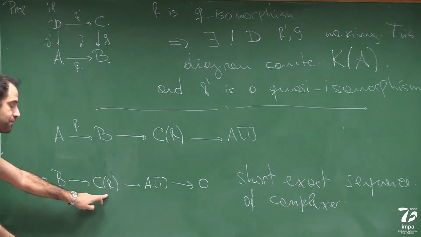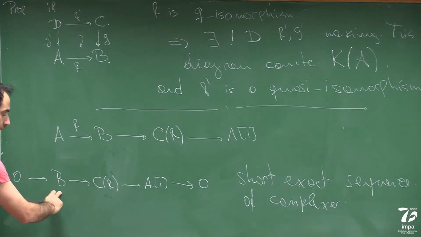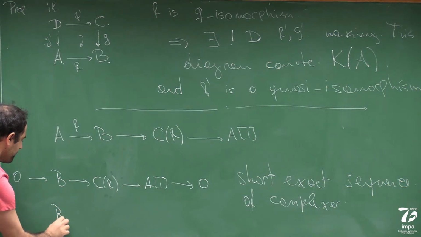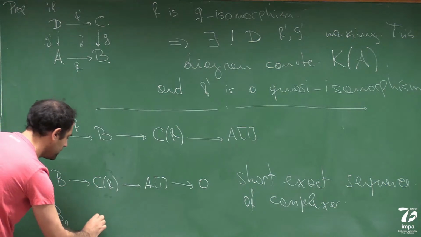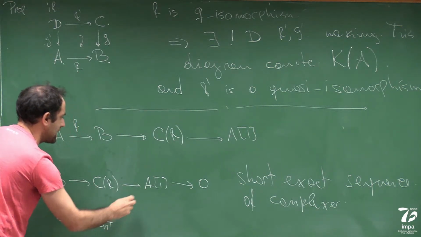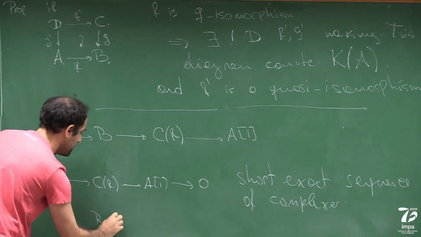Remember what this guy is. So if I look at the term in degree n, I have here B_n. If I look at this term in degree n here, this is B_n plus A shifted by 1 in degree n, which is A_{n+1}.